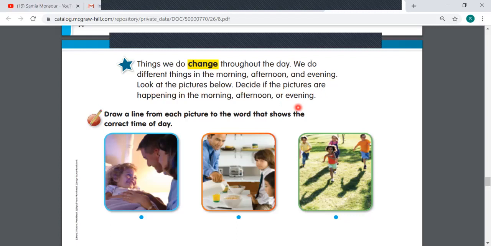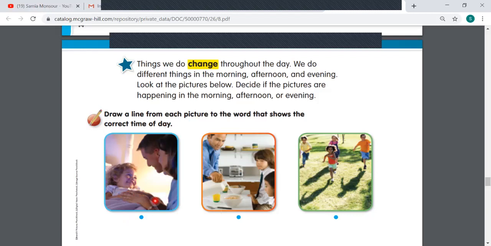How do you know which picture shows the morning? Look at each picture and look at what they're doing. That's going to give you a clue whether it's the morning, afternoon, or evening. So how do you know which picture shows morning? Does this look like it's morning? This little girl's in bed.